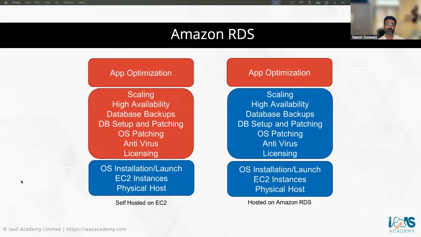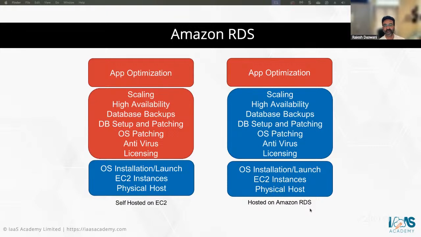Problem with that is you're going to have to do all of the management of those servers yourself. Scaling, high availability, backups, OS patching, antivirus, licensing is all down to you. Plus, you have to optimize your application to access the database. Or you can use the Amazon RDS service, which is a managed database offering for relational databases across several different engines, where AWS takes care of all of that for you.